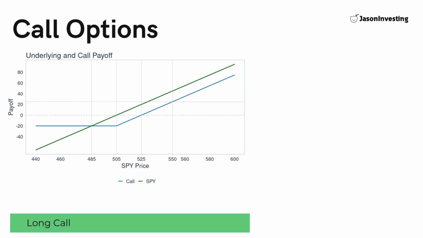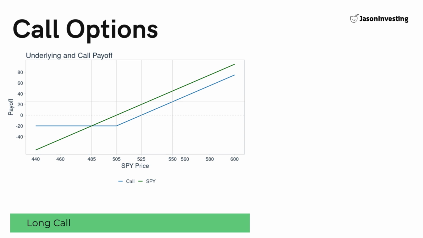Remember I said that because you're paying a premium for this, you enjoy the luxury of capping your loss, right? That capping the loss part is basically the right for you to buy the underlying at the price that is agreed upon. So the price that is agreed upon is 505, and that somehow caps your losses.